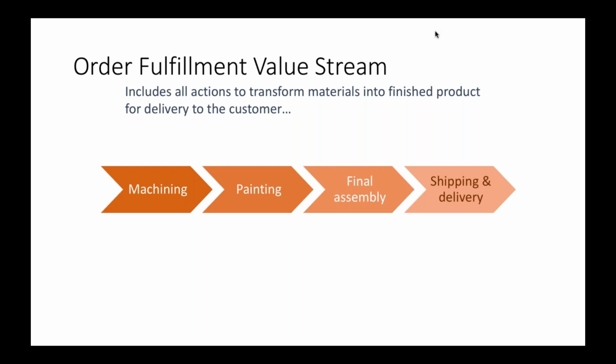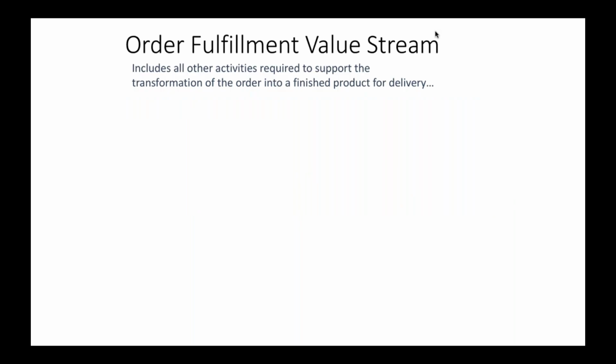Most importantly, and people sort of get this in terms of a value stream, but most importantly, the value stream also includes all of the other activities required to support the transformation of the order into a finished product for delivery. So what this means is that from a traditional manufacturing standpoint, when we talk about indirect functions or support functions in a lean organization, these functions are really part of the value stream.